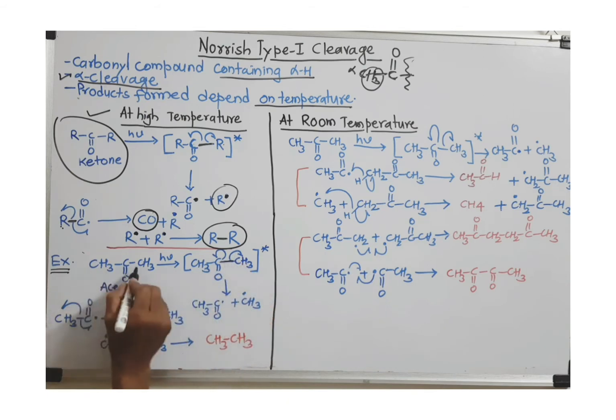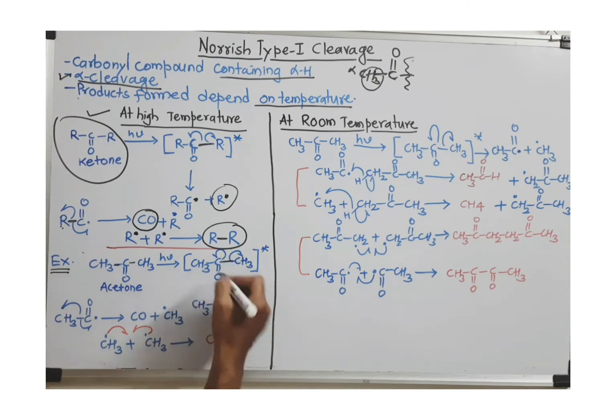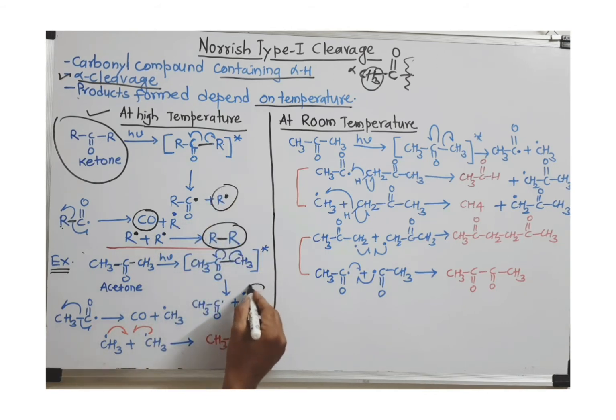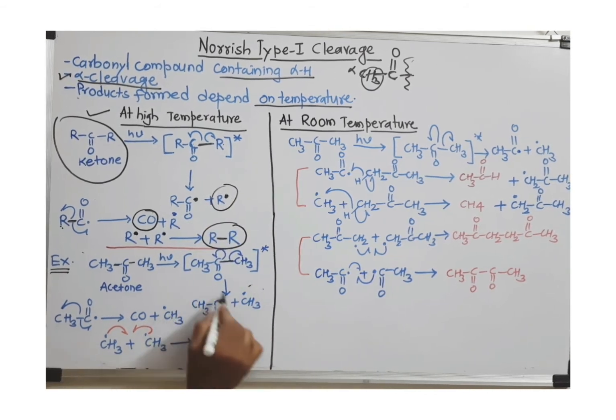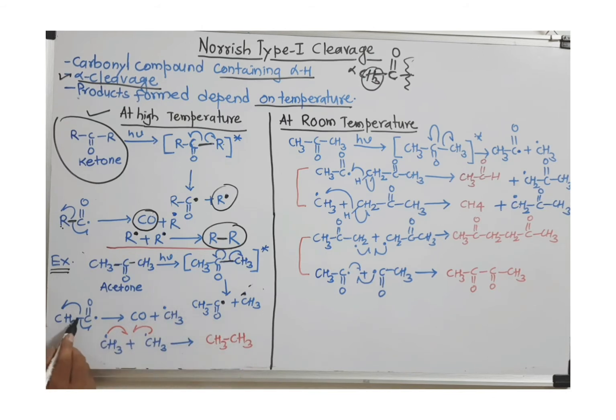So in this case both methyl groups are identical. You can select either this one or this one for the cleavage. Now consider the first alpha cleavage, and just like this, a methyl free radical and an acetyl free radical are formed. After that you target this acetyl free radical and do another alpha cleavage.